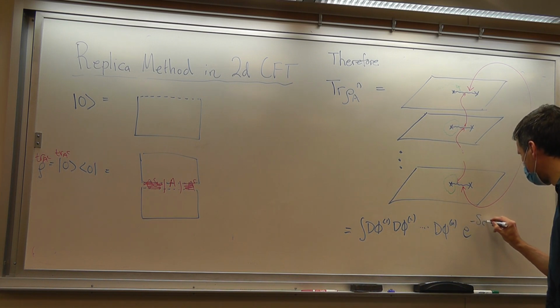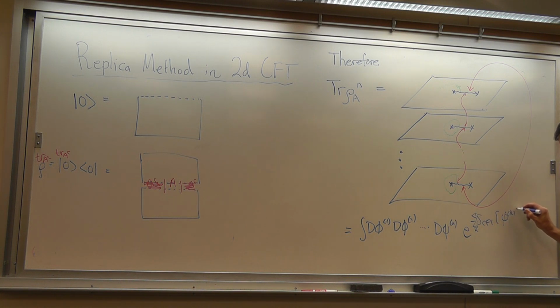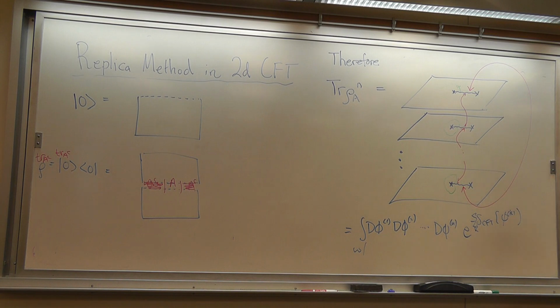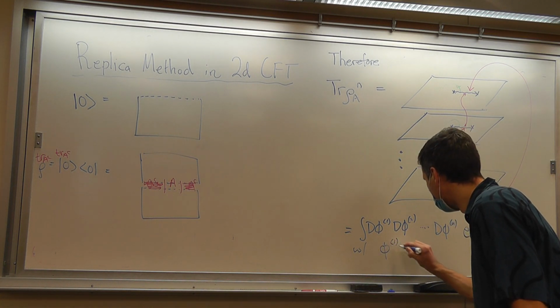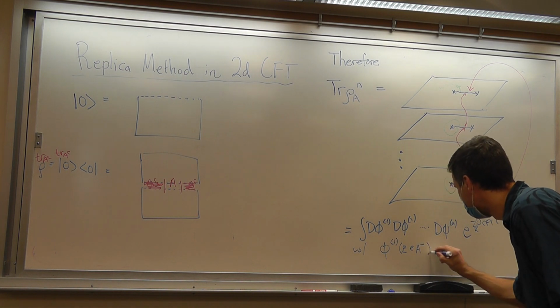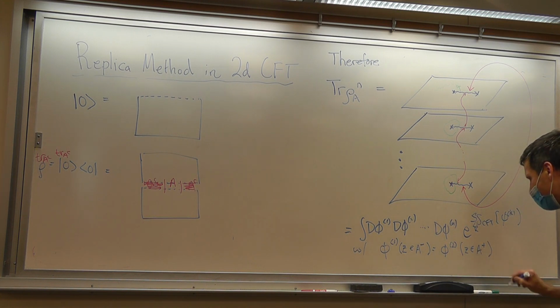E to the minus S_CFT, the sum over k of S_CFT of phi k, with the gluing conditions that say phi 1 of z in A minus is equal to phi 2 of z in A plus, etc. So we're just doing that path integral with these boundary conditions that glue the sheets together. Good? All right, let's do this crazy path integral.